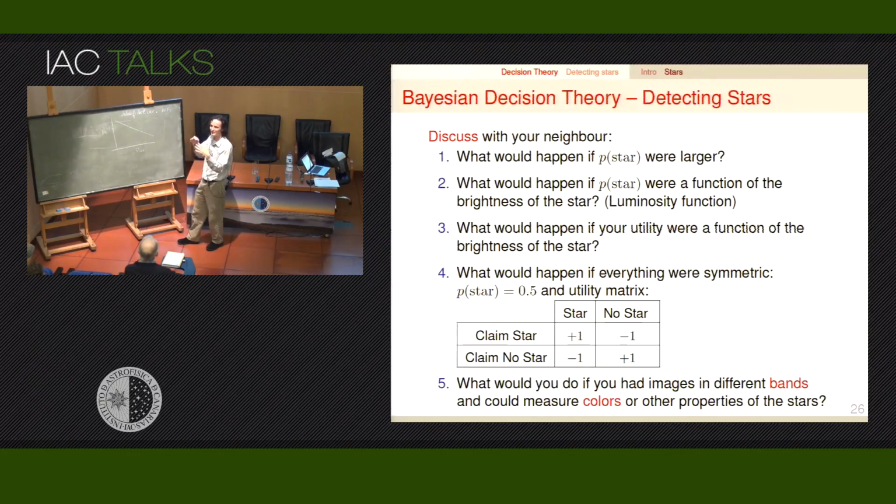So that should change the utility function to push you toward making more marginal decisions, or claiming more stars, because your prior is that there actually are more stars that are really faint.